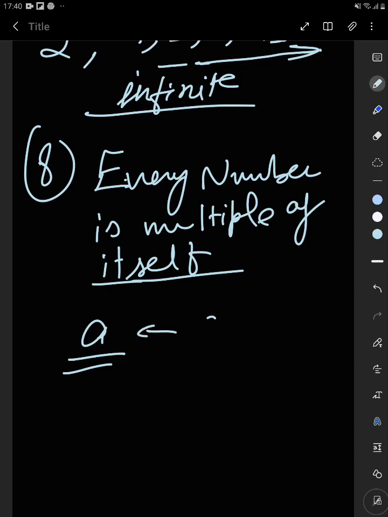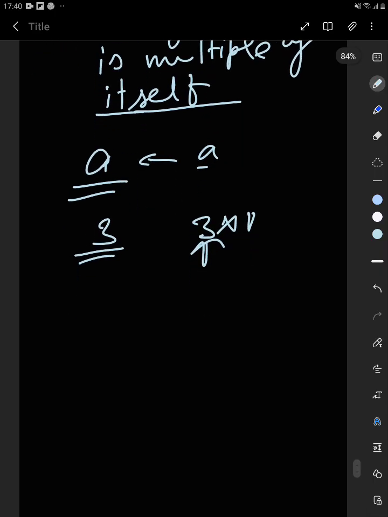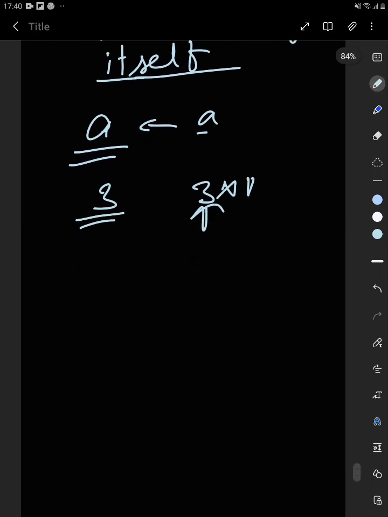For example, this is 3, so it is a multiple of itself, meaning 3 multiplied by 1. So this is a multiple of 3 itself. There is nothing much to explain over here. Now we will solve some examples before going to exercise 3.1.